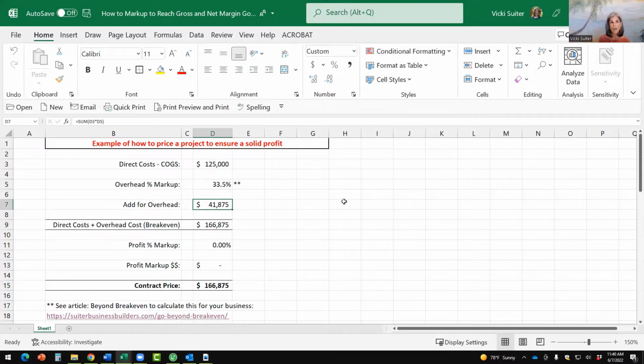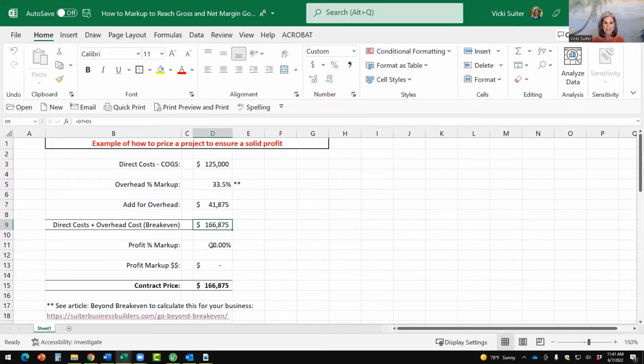That represents how much I'm adding to my base cost of that bid just to break even. So my break-even cost is $166,875. At that point, when you've marked up that much on a project, you have made nothing on the bottom line, if your overhead break-even percentage in this case is 33.5%.